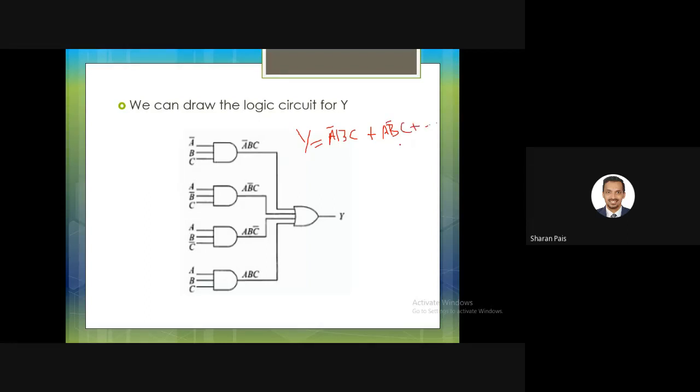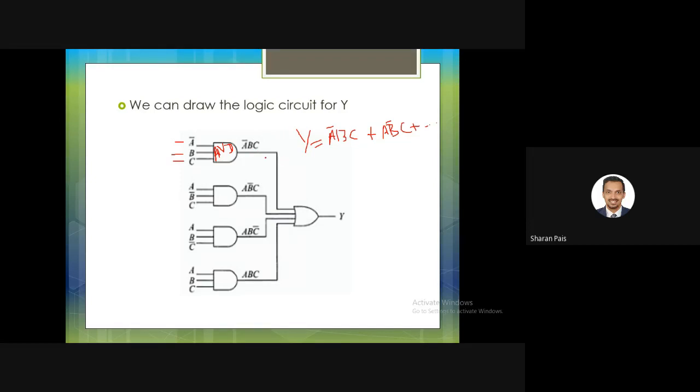So these are the terms I'm having. So first I need to do the AND operation. So I need an AND gate to do A bar BC. So three values I'm giving for the first AND gate. The output is A bar BC AND operation.